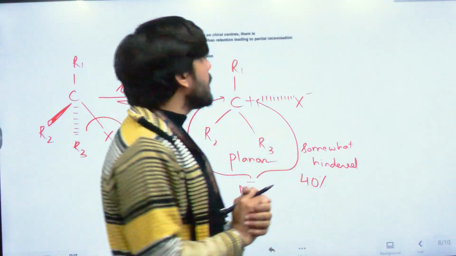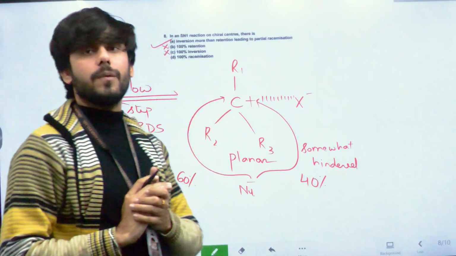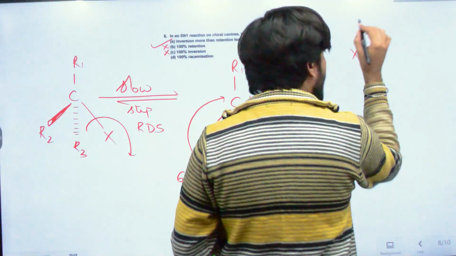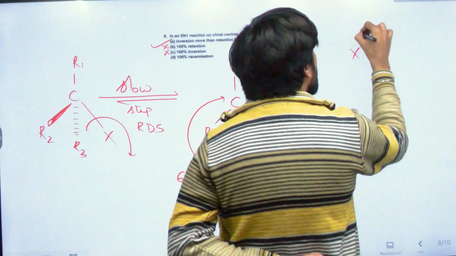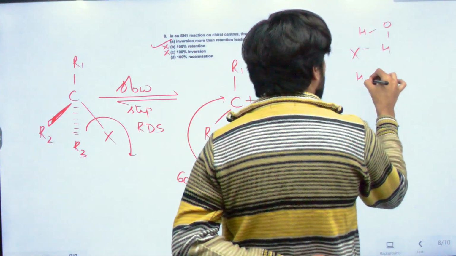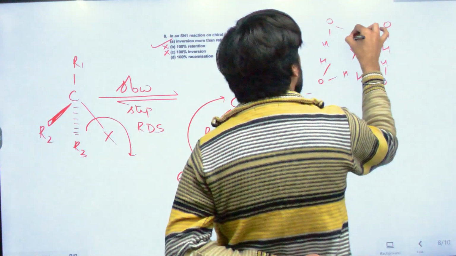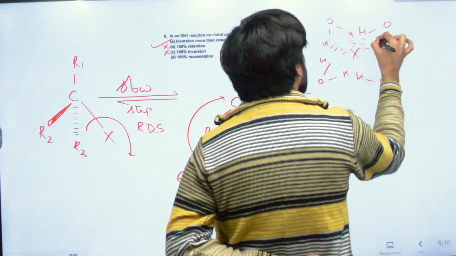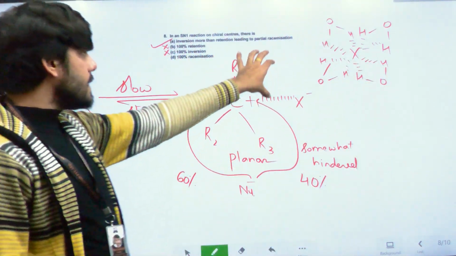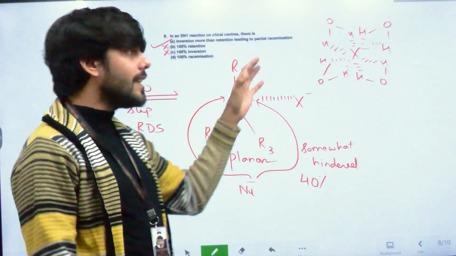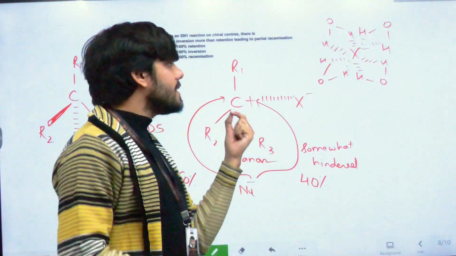Now there must be a question: why is this front side attack taking place? This 40% is possible because the polar protic solvent is stabilizing this halide ion by solvolysis, like this. So this is surrounded by water molecules. So this is stabilized, and these water molecules sit in between the carbocation and halide ion, weakening these forces of attraction.